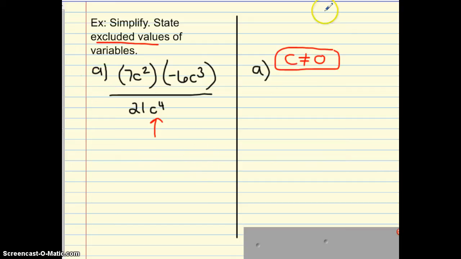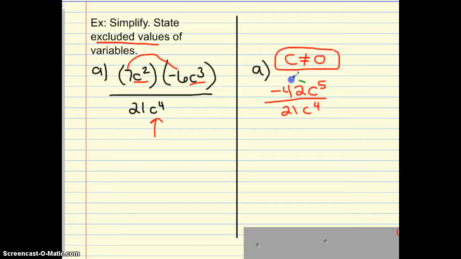Then I just need to simplify, so I'm going to multiply my numbers together, and that gets me -42. And then I'm going to multiply my variables together. Now remember, c squared times c to the third is c to the fifth, and all over 21 c to the fourth.